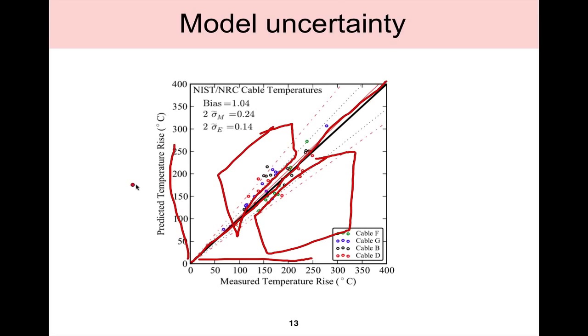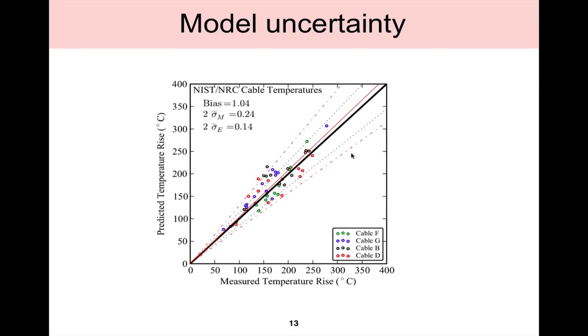In the case of temperatures for instance, an overprediction of the model would be a conservative guess. So it's typically preferable to be on this side of the line, although ideally we want to be right on that line. You also see other statistical measures shown here, standard deviations and means and errors shown there.